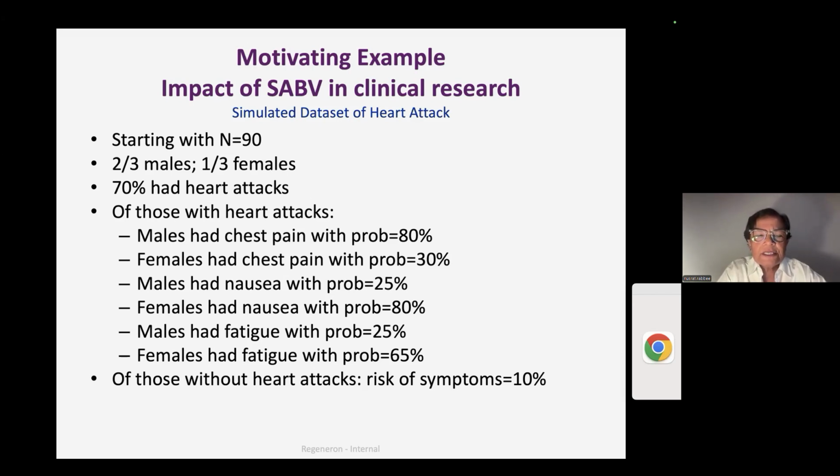Of those with heart attacks, males had chest pain with probability 80%, and females with probability 30%. Males had nausea with probability 25%, females with 80%. Males had fatigue with probability 25%, females had fatigue with probability 65%. And of those without heart attack, risk of symptoms was just 10%.